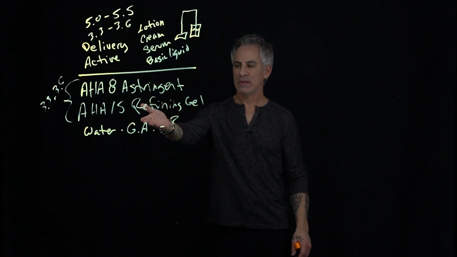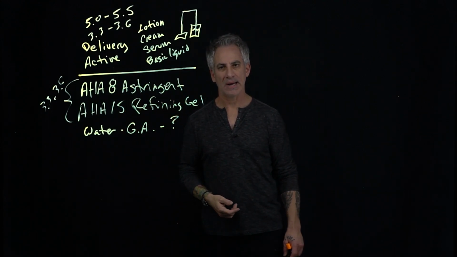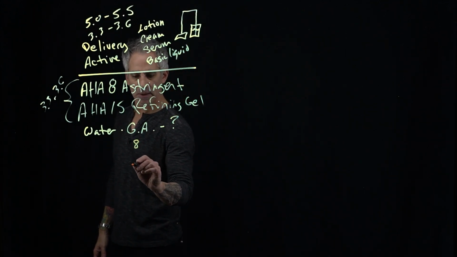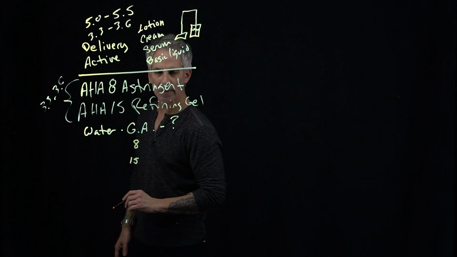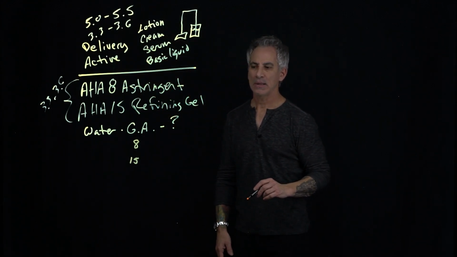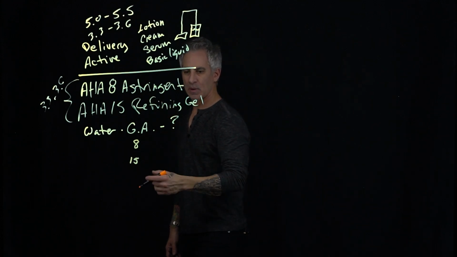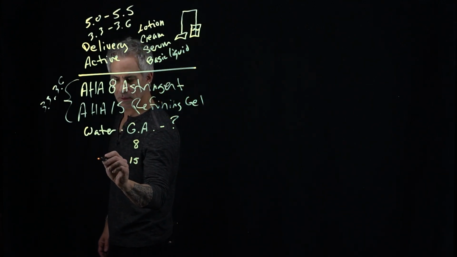So the glycolic acid for this product is going to be 8. This is going to be 15%. Okay? Let's make it easy on the numbers and make water. What do we got?